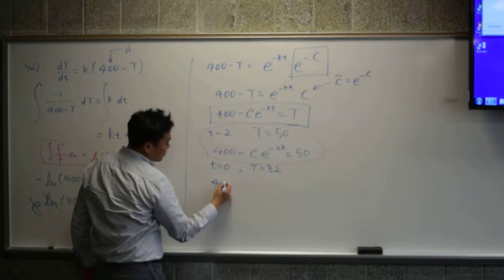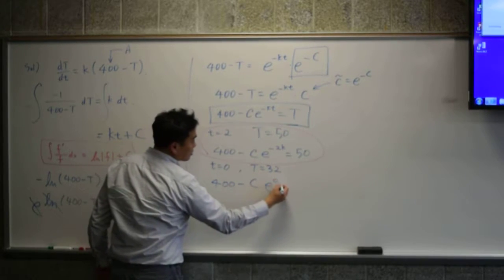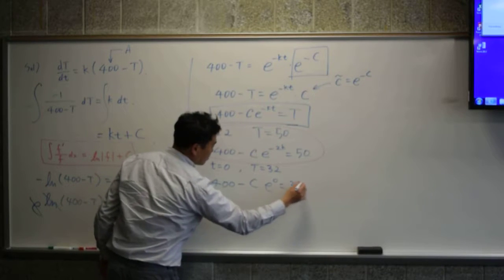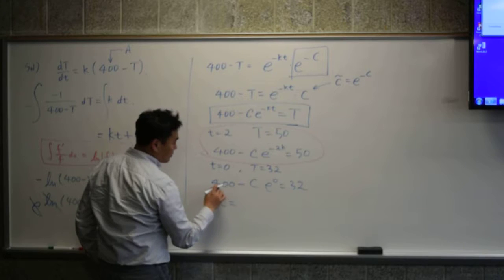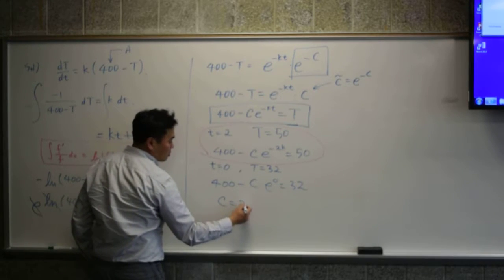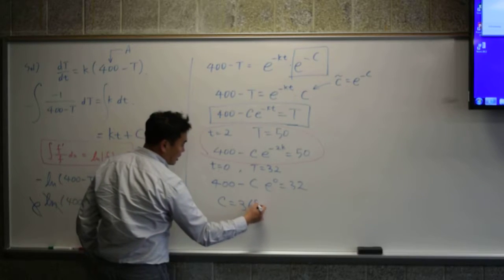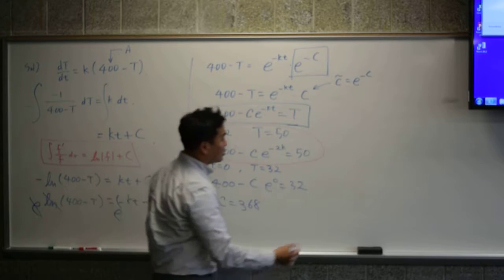And that's better for us because now you only have C. C times e to the 0th power, and initially it was 32. So moving C over there and moving 32 over here, we get 368 as our C.